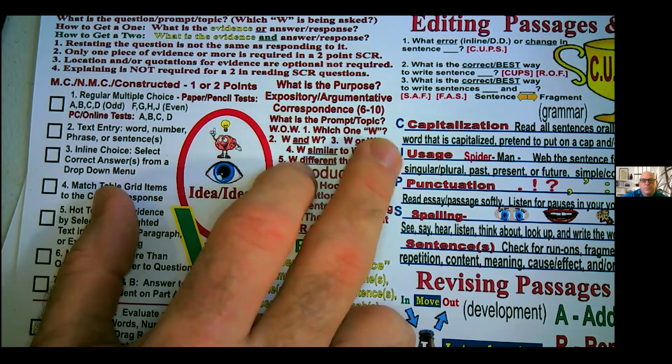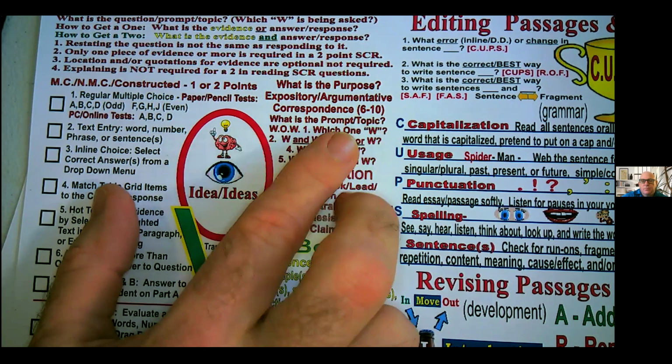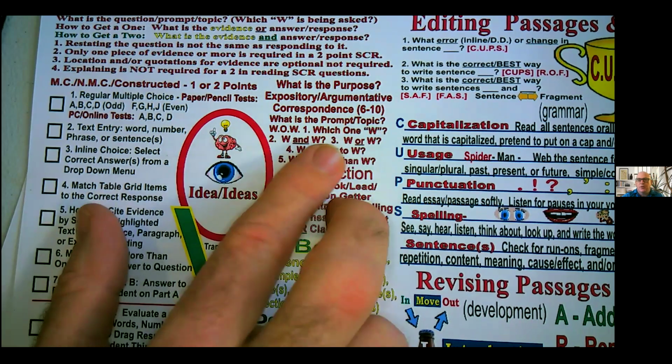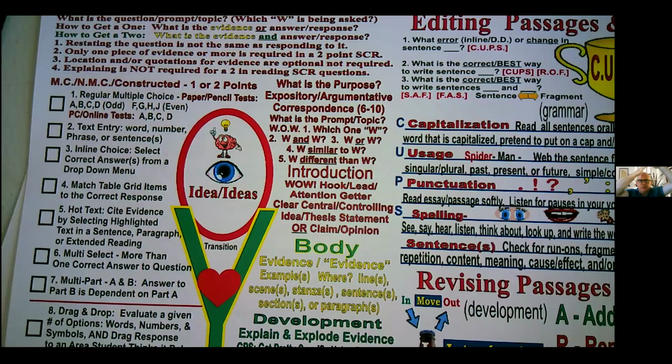Okay, so what is the prompt? What is the prompt? The topic, not the wow. Which one W? Are they asking a who, what, when, where, why? Is it two W's? Who, what, when, where, why, and another who, what, when, where, why? Is it a two-part prompt? Number three, is it asking for opinion argumentative? Do they want you to say why or why not?